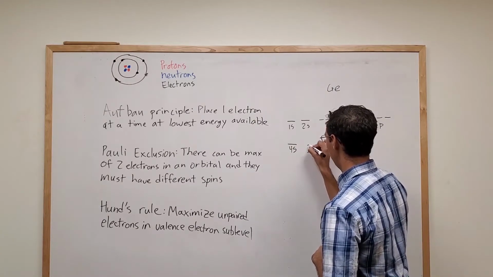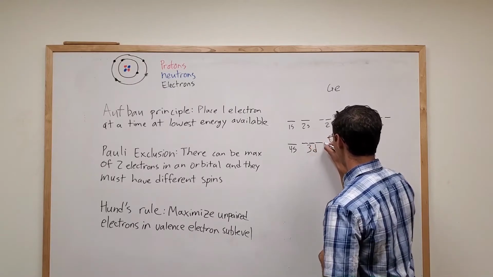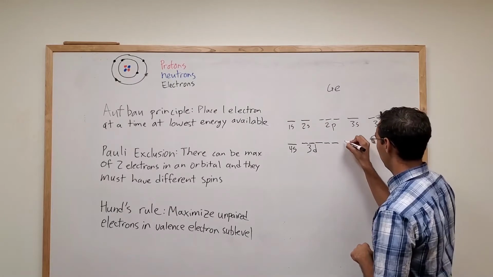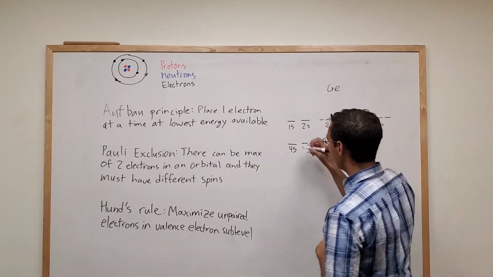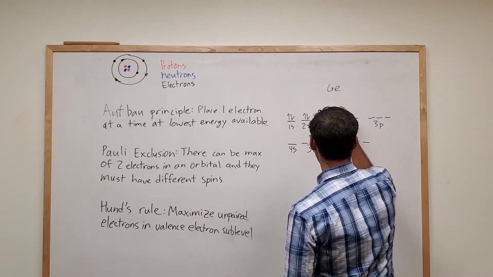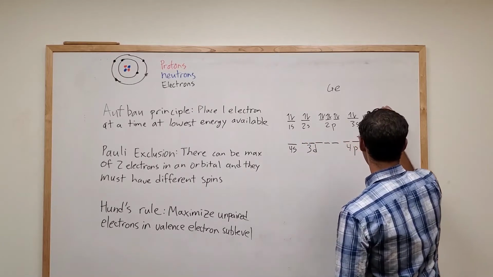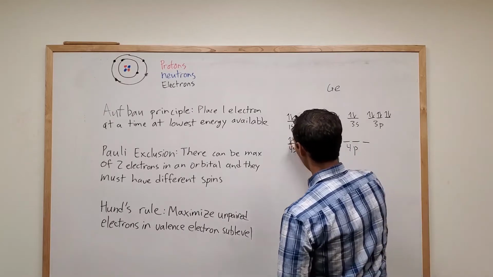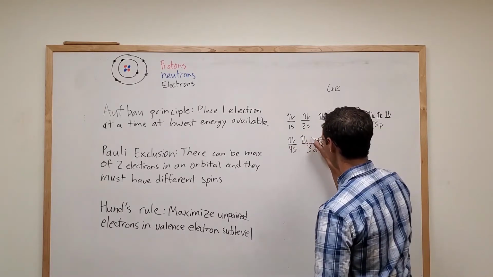So that's going to give us 5 orbitals. Okay, and then our 4p. So germanium, we know that our 1s is full, 2s is full. We're just going along, filling in the electrons until we hit the necessary number.